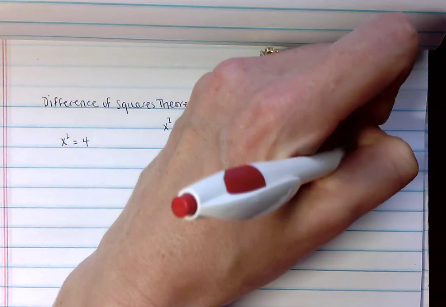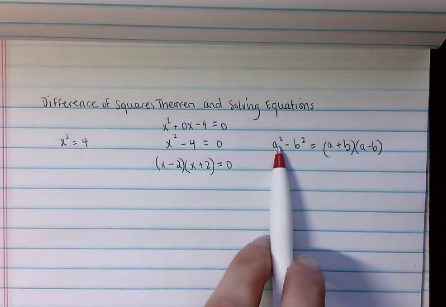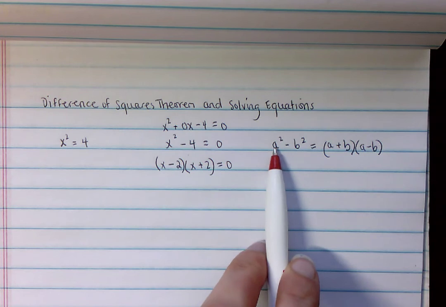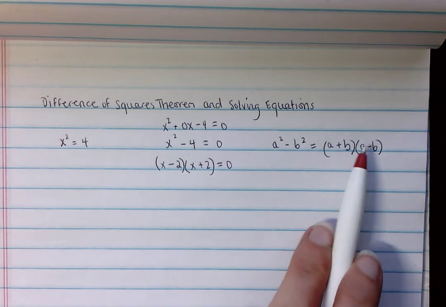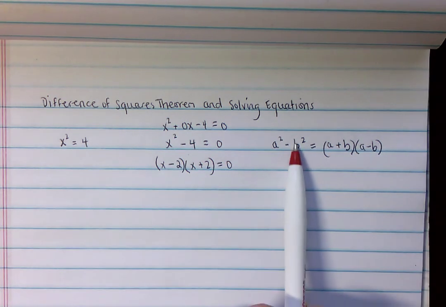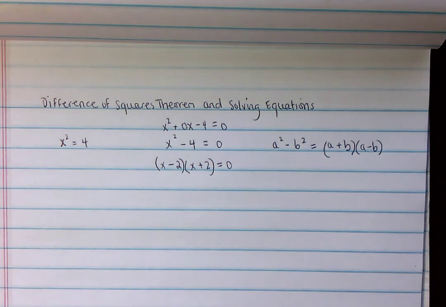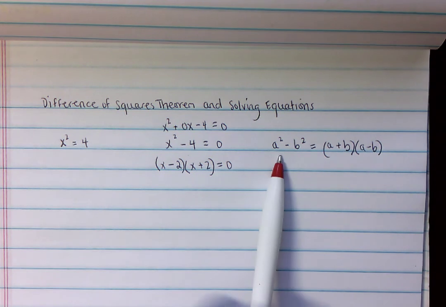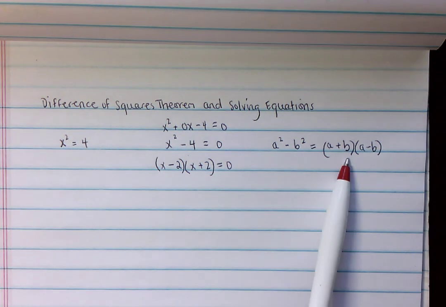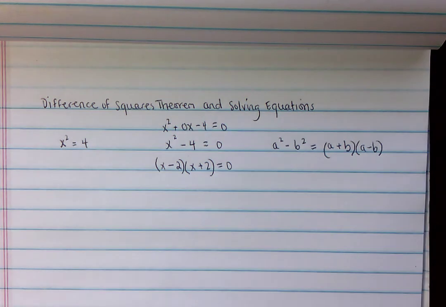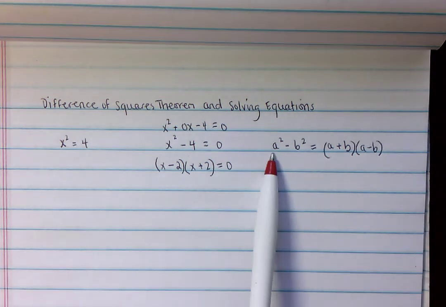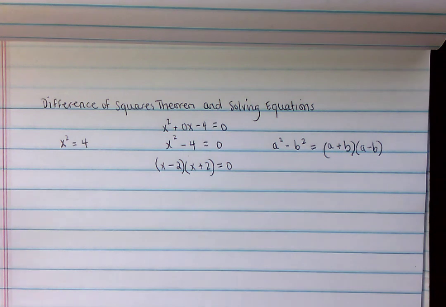You basically take the square root of this term, and that's what goes here, and then you take the square root of this term, and that's what goes here, and then you have a plus and a minus. Again, if you were to FOIL this back out, the middle terms would cancel, the inside and outside terms, and you'd end up with just this form.